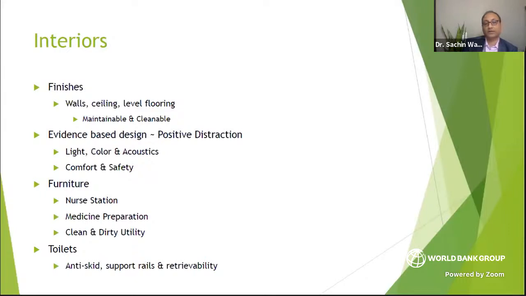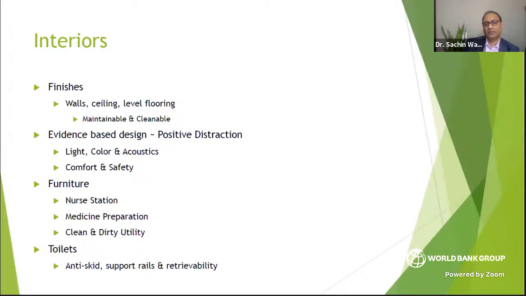Again, color combinations, acoustics, again extending even into smell or essence for that matter. Again, percolating into comfort and safety. That is at one end. And at the other end, you have facilities which are actually struggling even to give the basic facilities, or even to provide some windows opening into the courtyard and things like that.